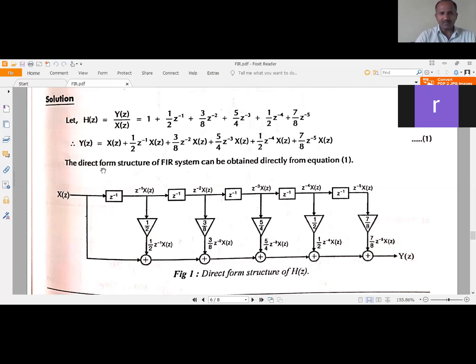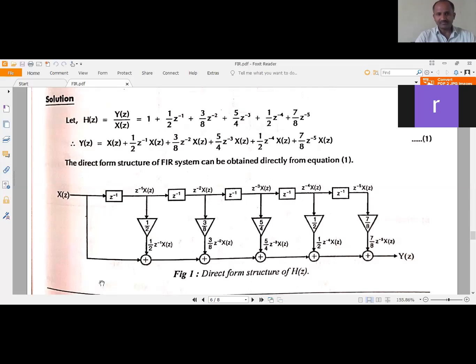The first multiplier is 1, then 1 by 2, then 3 by 8, 5 by 4, 1 by 2, 7 by 8. In this manner you can connect the 5 delay elements z power minus 1 and the multipliers required to realize this FIR system.